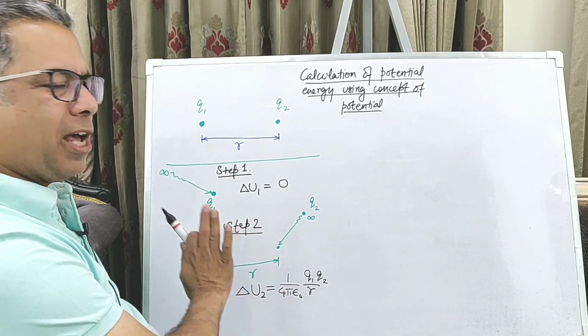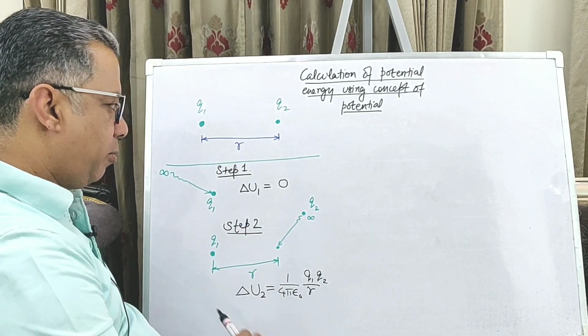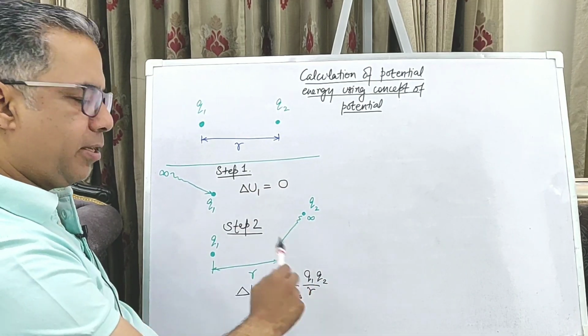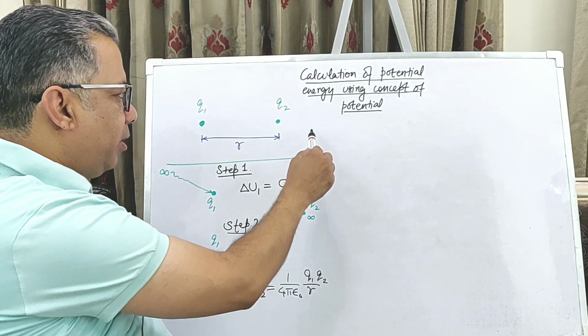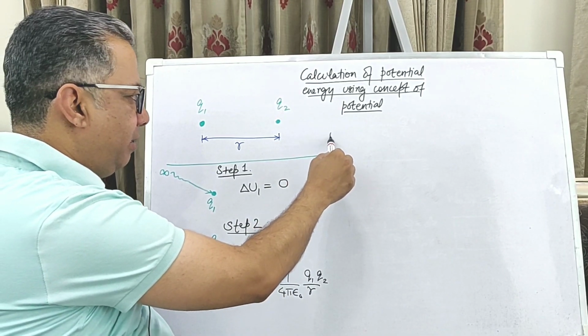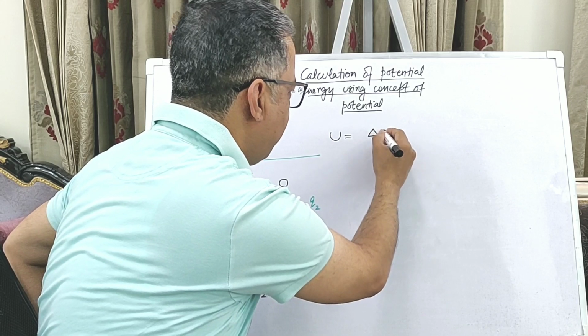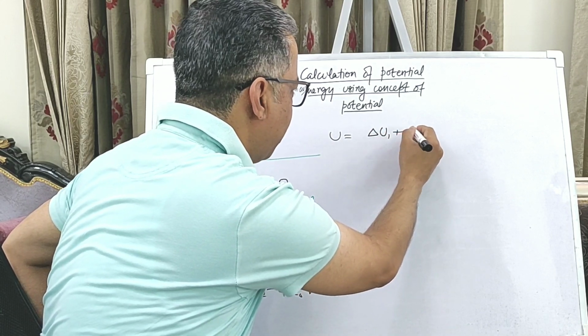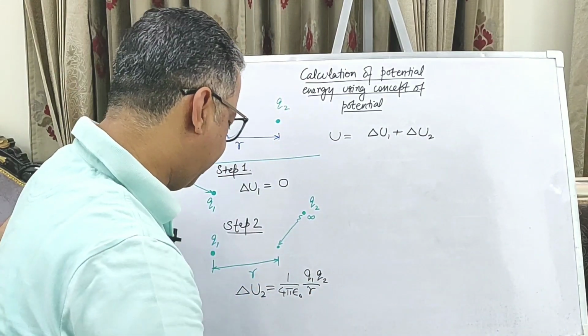So the system has now been assembled, and these are the changes in potential energies in the various steps. The potential energy of this system, U, would simply be equal to the sum of the changes in potential energies while the system was being assembled.